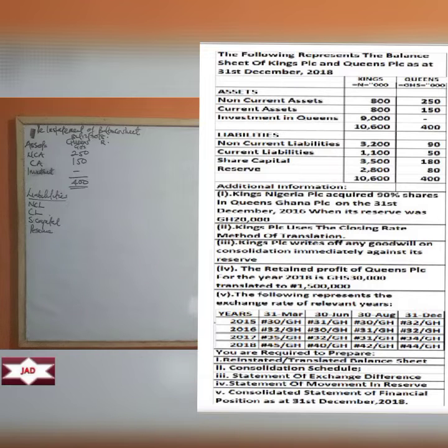Non-current, we have 90. Current liabilities, we have 50. Share capital, we have 180. Reserve, we have 80. Okay, so we add up, we're going to have 400.